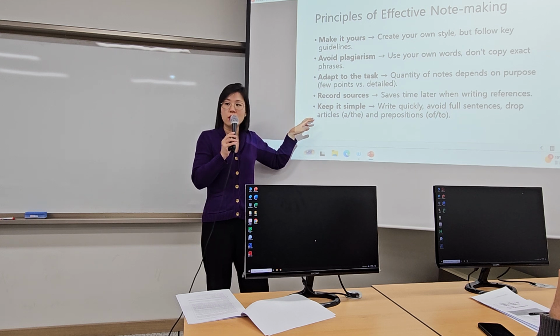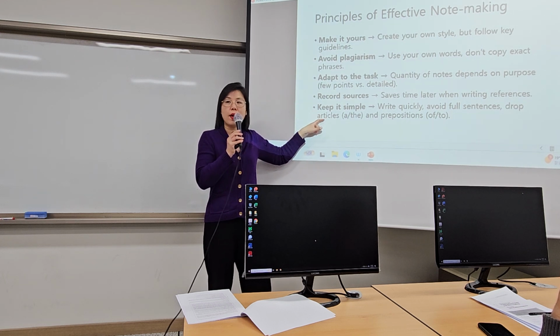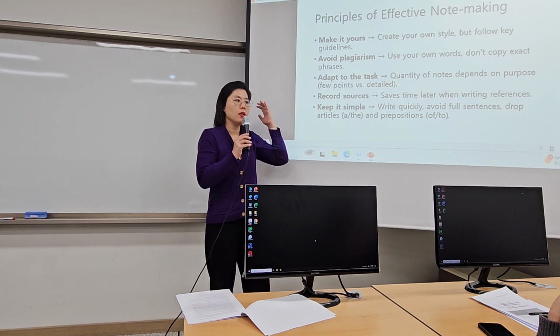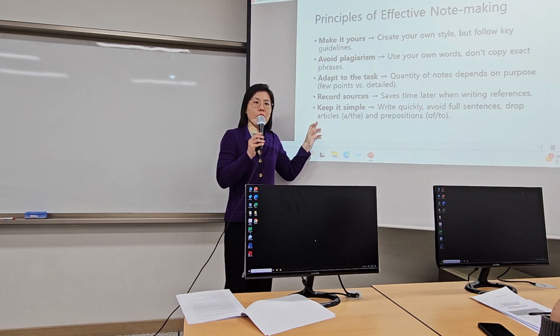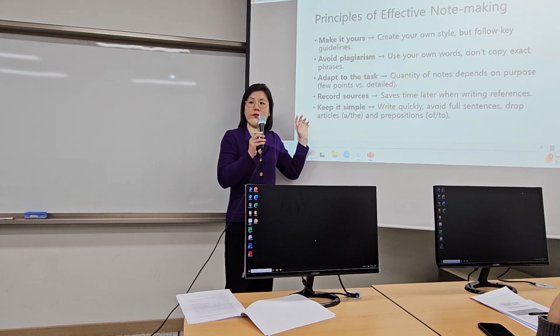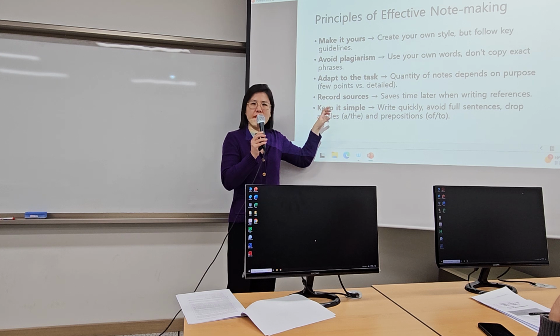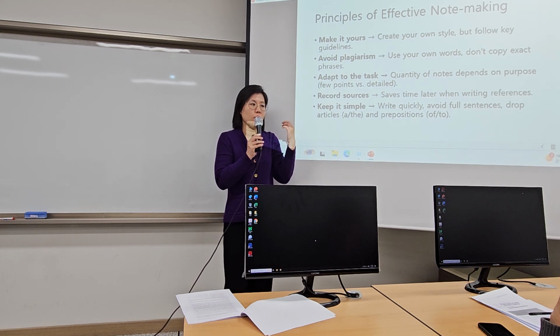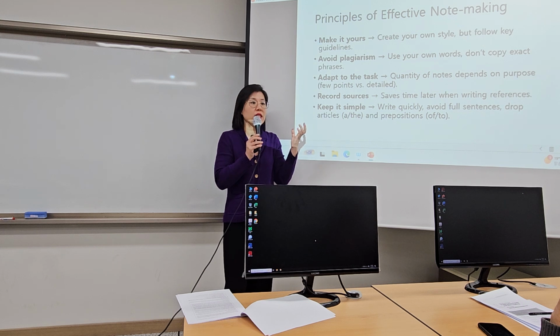So for online sources, you write down the website address as well, right? It's important because you never know how you will use that source later. And it's very important that you write down every detail of your title so that you can refer back to it later easily.